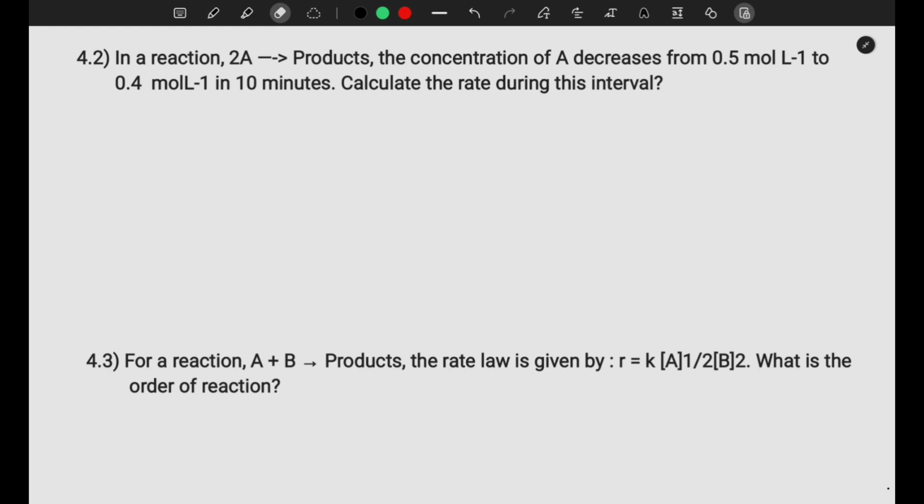In a reaction 2A gives products, the concentration of A decreases from 0.5 mol per liter to 0.4 mol per liter in 10 minutes. Calculate the rate during this interval.